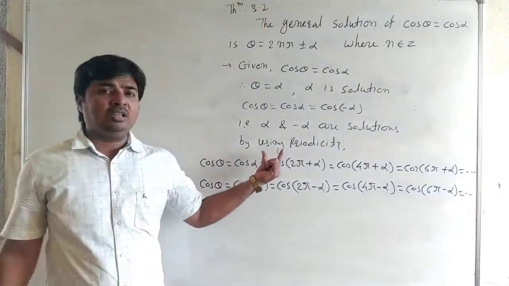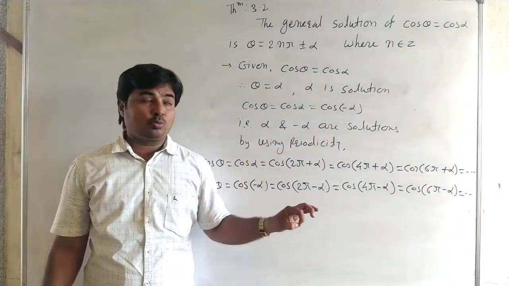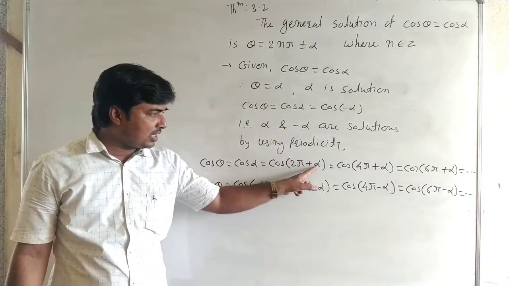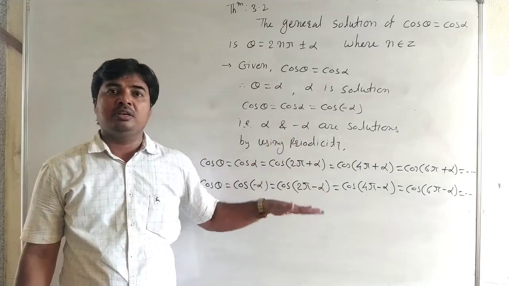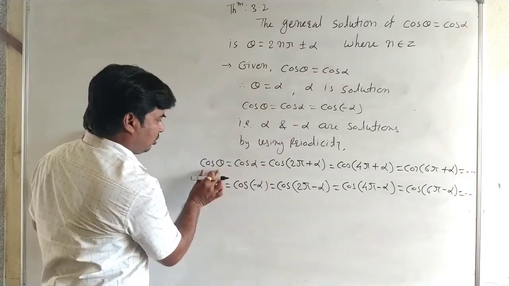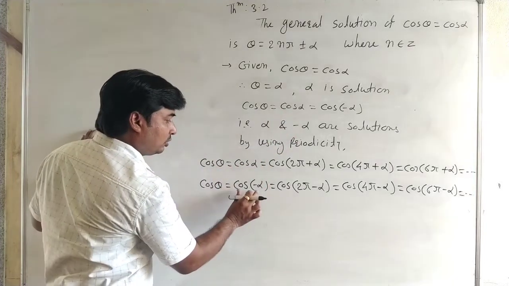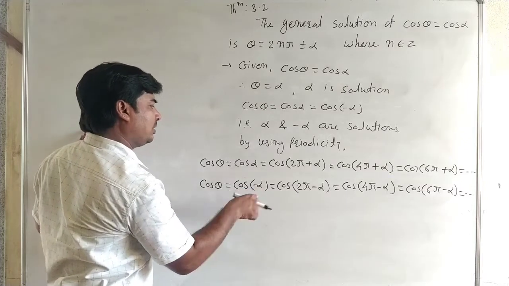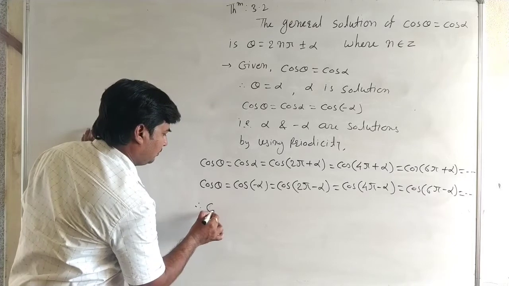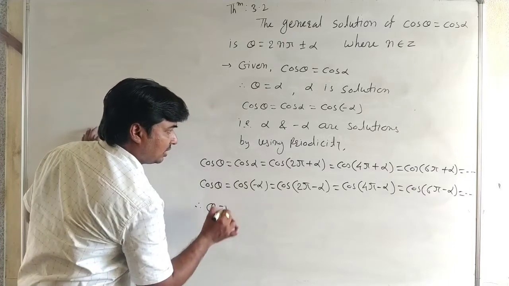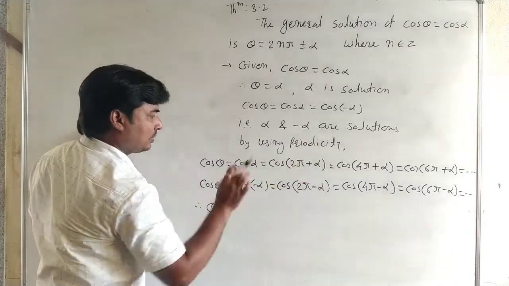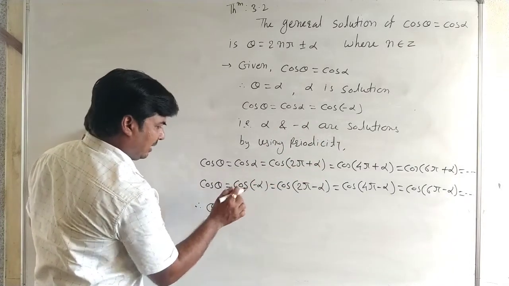We know cos is positive in the first and fourth quadrant, like that 2 pi plus alpha and 2 pi minus alpha, first and fourth. Here alpha and minus alpha are the solutions, therefore cos theta is equal to cos alpha, and cos theta is equal to cos of minus alpha, which is also cos alpha. Therefore theta is equal to 2 pi plus alpha, 4 pi plus alpha, 6 pi plus alpha, and alpha and minus alpha are the solutions.